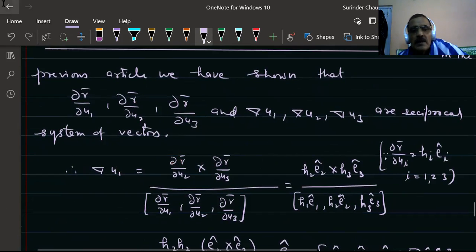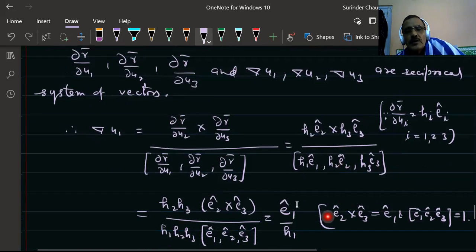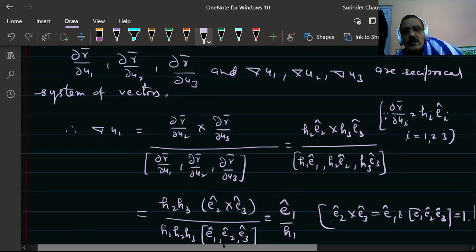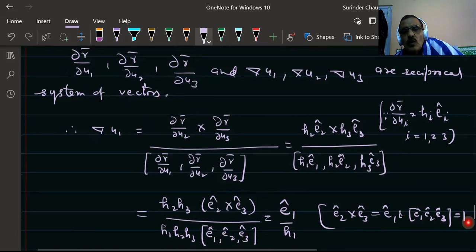The scalars H1, H2, H3 are taken outside: H2 H3 (e2 cross e3) is in the numerator, and the denominator is H1 H2 H3 times the scalar product e1 · (e2 × e3), which is equal to 1. So H2 H3 cancels.